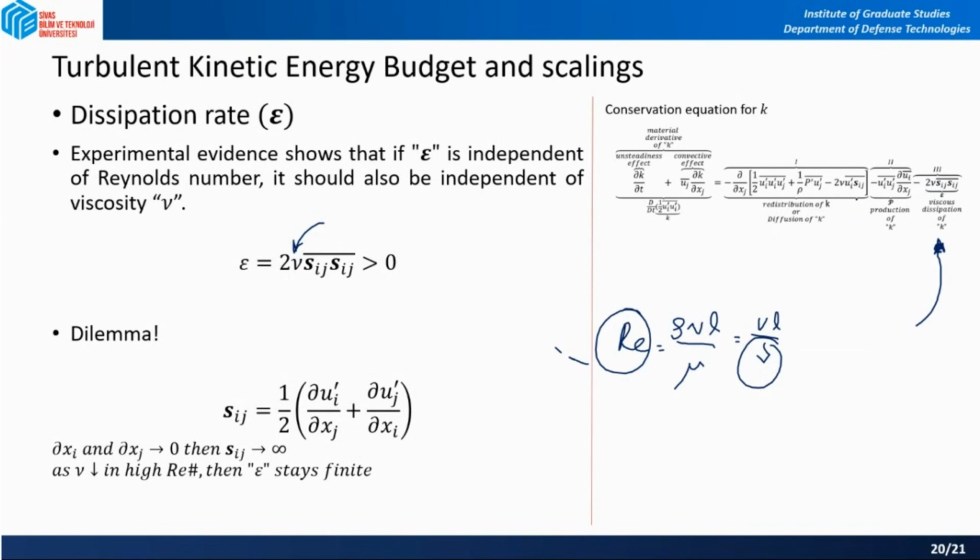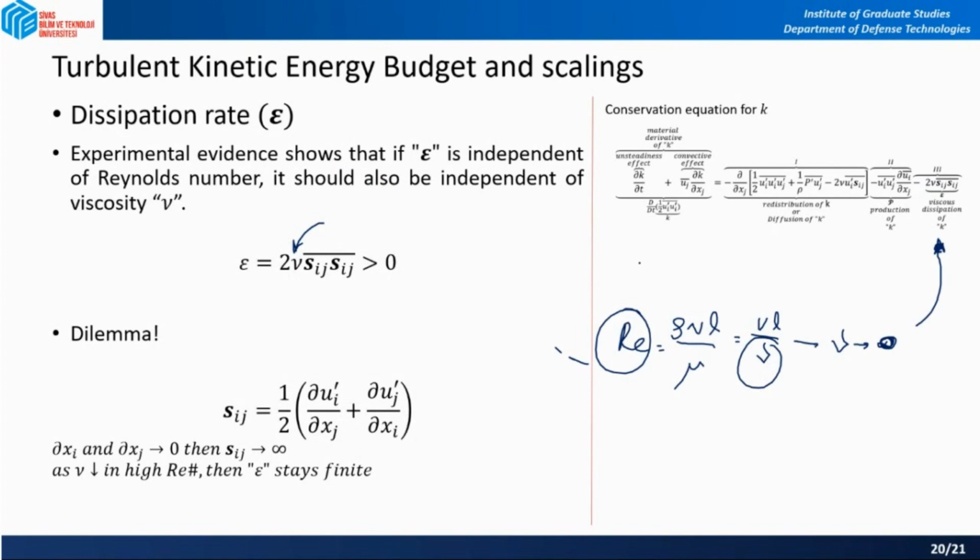For example, infinite Reynolds number means that your viscosity goes to zero, right? So if viscosity is close to zero and epsilon is not changing with Reynolds number, meaning that even if viscosity goes towards zero, epsilon always has a finite value and does not change with Reynolds number.